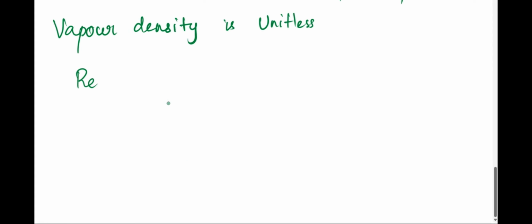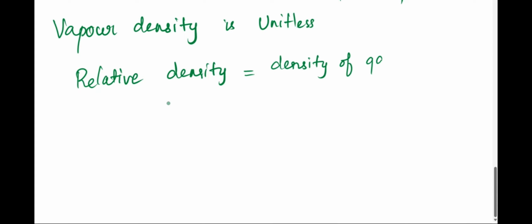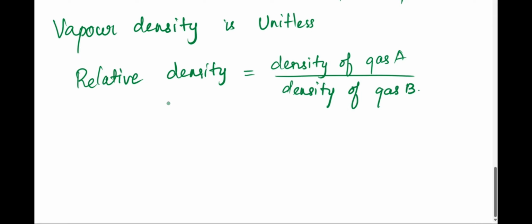Now relative density. Relative is just a comparison, right? So comparing gas A with gas B: density of A, meaning the gas A, divided by density of gas B. These are the important formulas to be remembered in this concept.